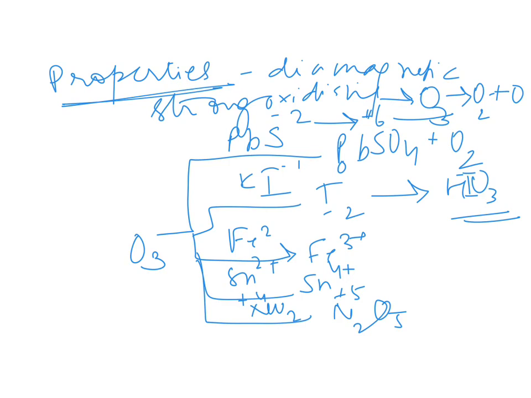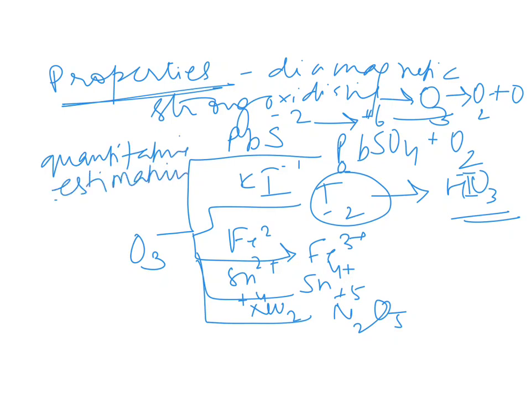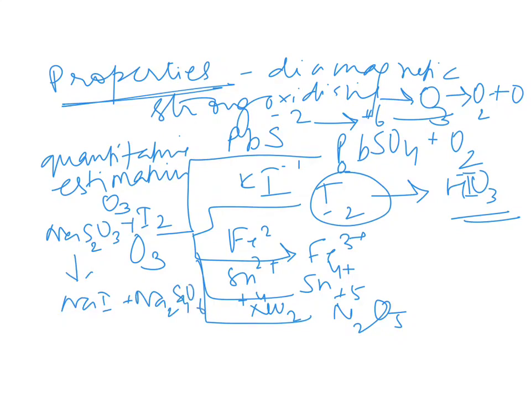Now the iodine which it liberates is used for the quantitative estimation of ozone. How? If we use sodium thiosulfate, the hypo solution, and react it with iodine, it forms NaI and Na2S4O6.